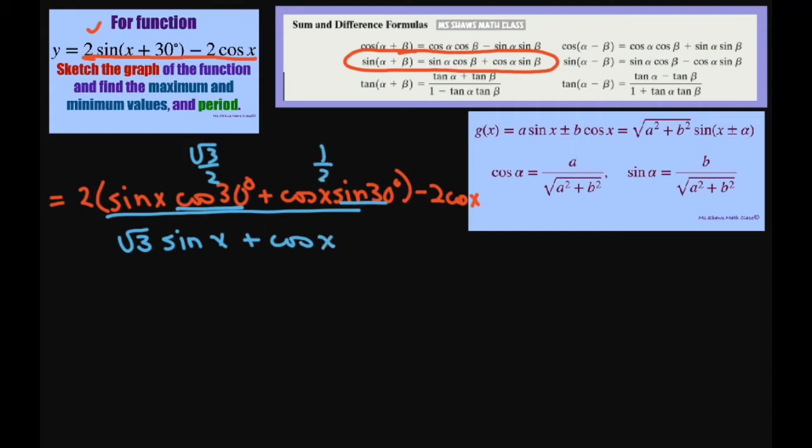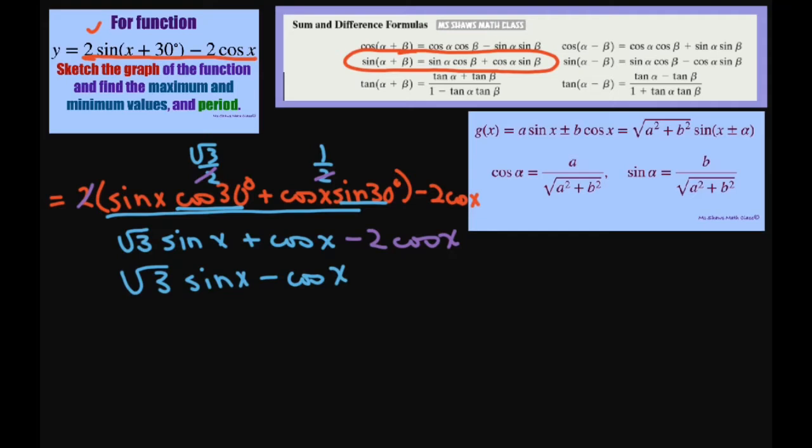Again, these 2's are canceling out. Then we have minus 2 cosine of x. This is going to end up giving us square root of 3 sine of x minus cosine of x.